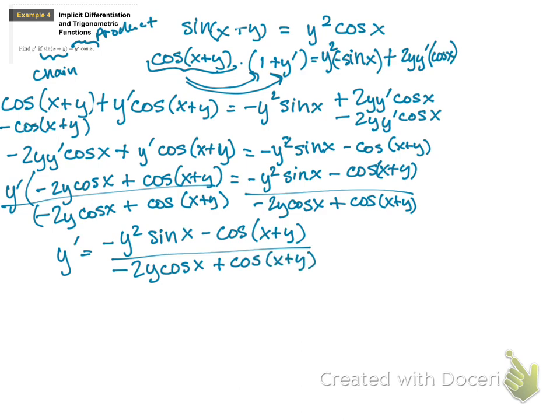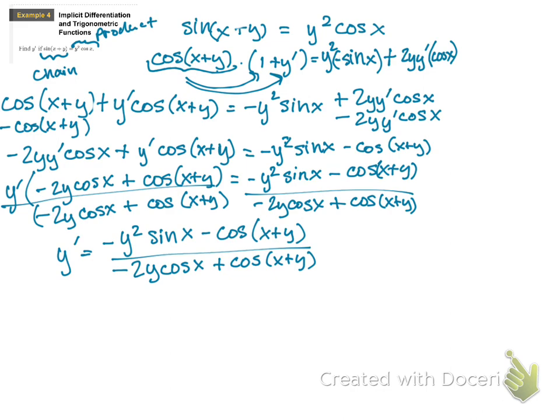Why don't I get to cancel this cosine x plus y and cosine x plus y on the top and the bottom? One's negative, one's positive. Also, they're subtracting and adding. They aren't multiplying by those, so they're not common factors that I could cancel by dividing. They're not common factors, so they don't get to cancel. Okay? So that's our answer. Are you proud of it? It's a wonderful little answer.